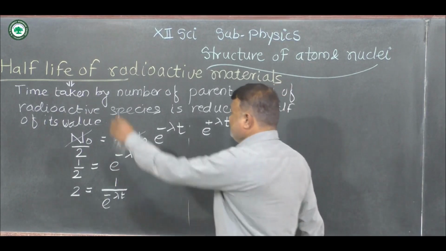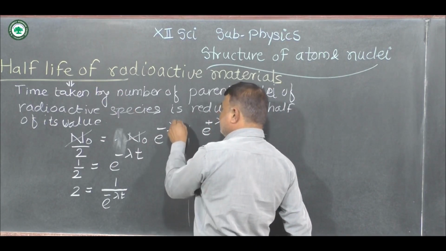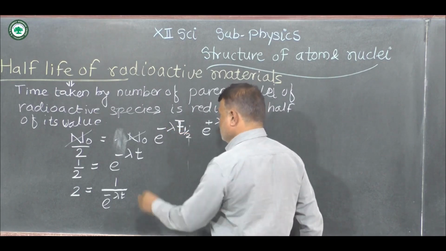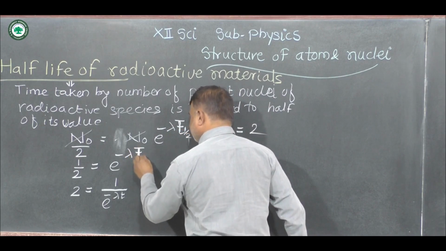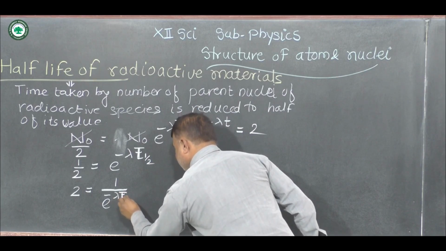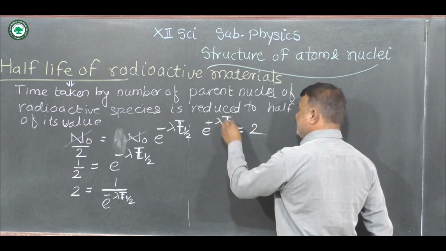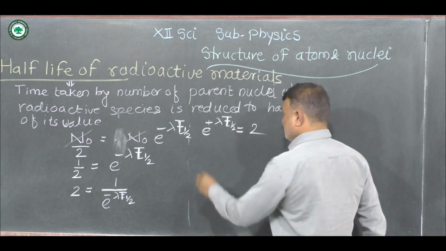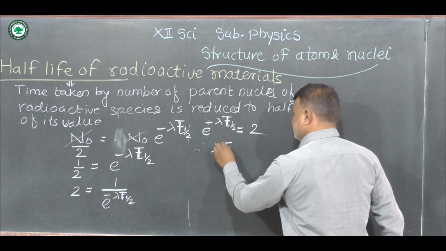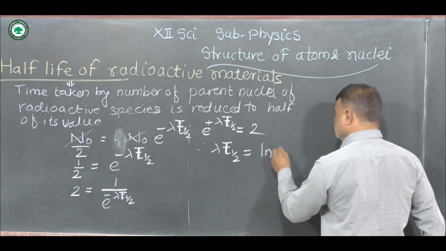In that case, time is half-life, therefore we take small t is equal to capital T half. So we get lambda T half is equal to log of 2.